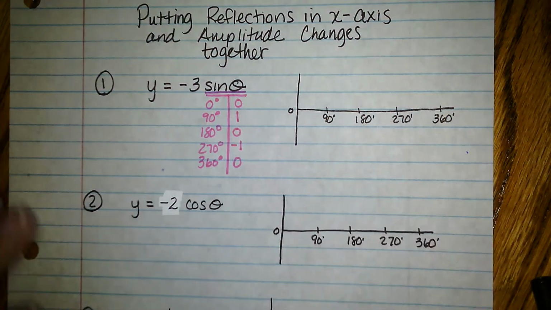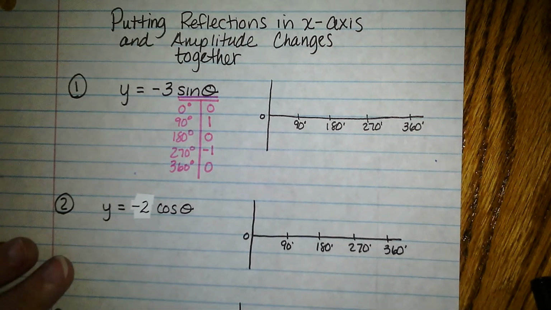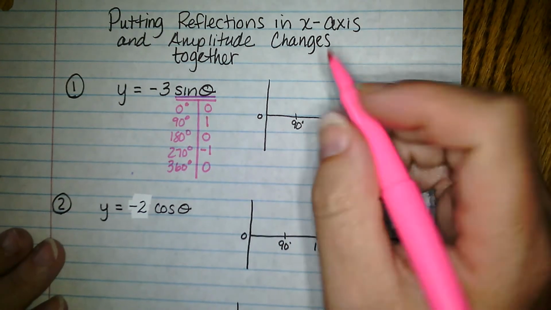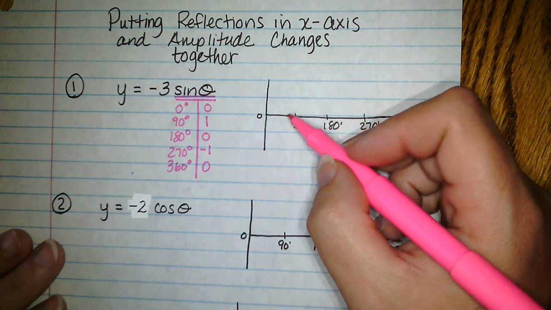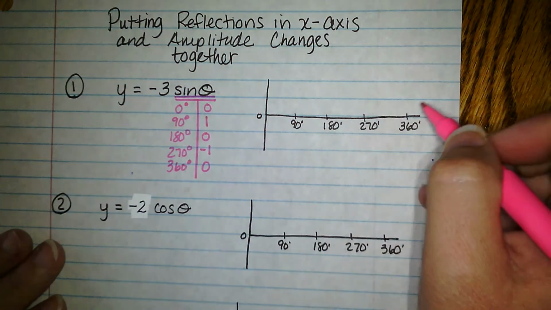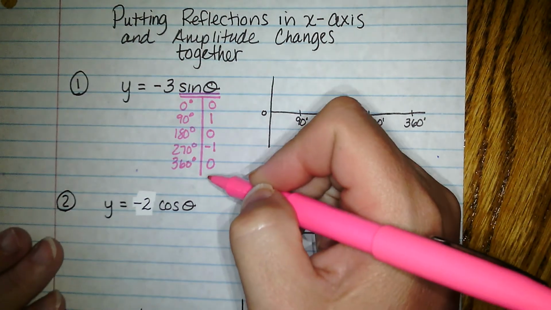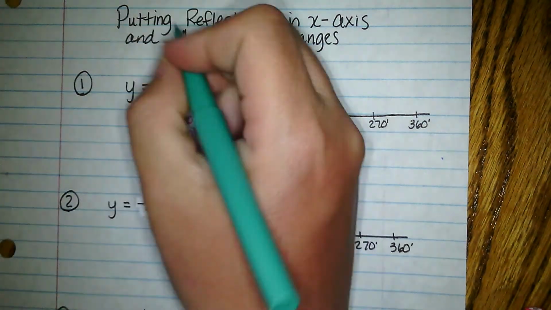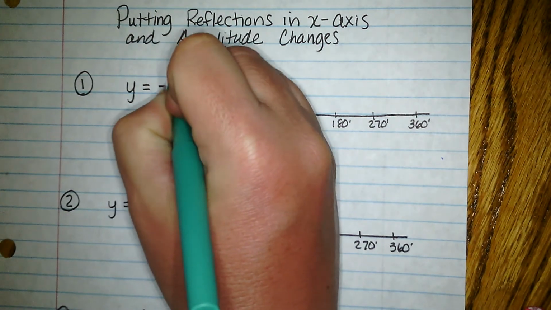That's our basic graph. So as we're looking at our basic graph, we know that this is going to make a sideways S. All right. But the thing is, we have two things going on here. We've got an amplitude change. That's the 3.